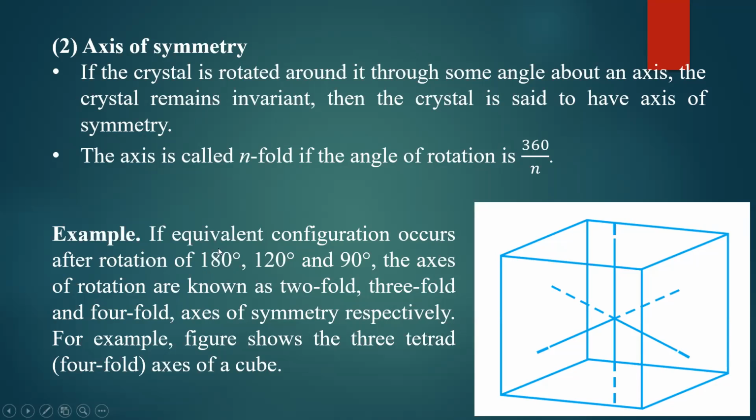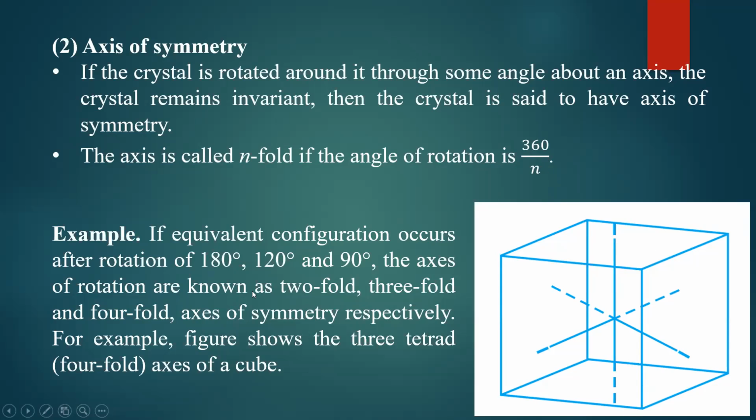If an equivalent configuration is observed after 180 degree rotation, then 360 divided by 180 gives n equal to 2, so that axis is said to have 2-fold symmetry. The axis which passes through one diagonal to the opposite diagonal has 2-fold symmetry.